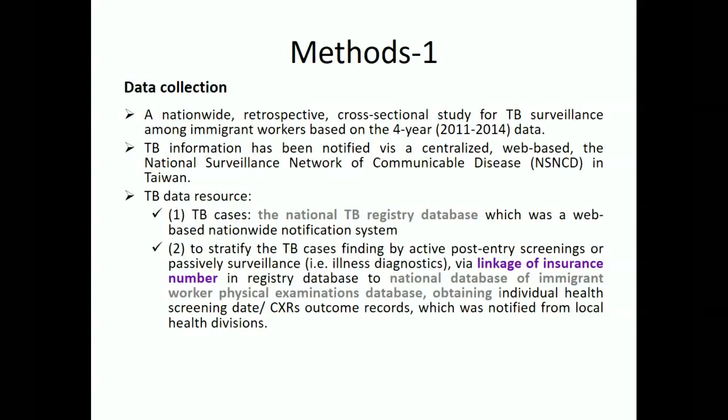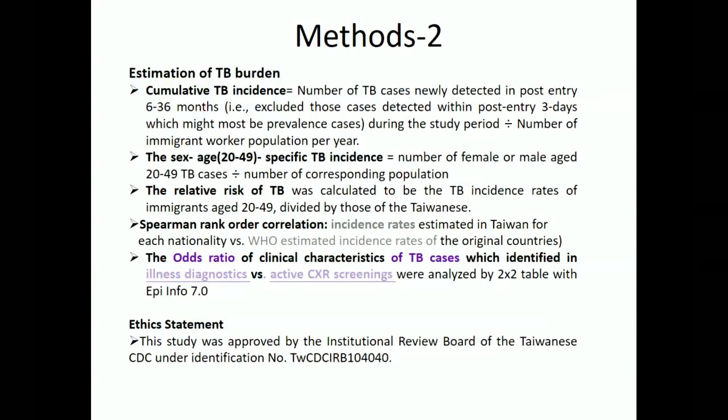The national health insurance number was linked with the database of the National Immigrant Worker Physical Examination database to obtain the screening data details. To estimate the TB burden, we used the cumulative incidence, which included those cases detected within 3 days post-entry, which might be the prevalent cases.